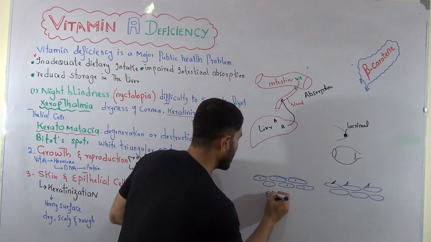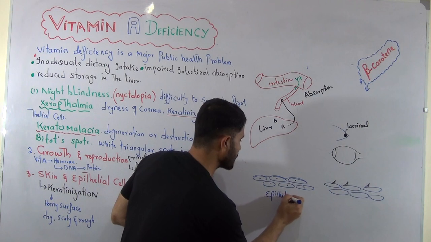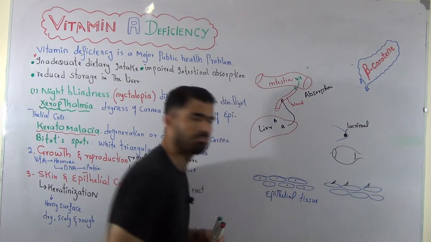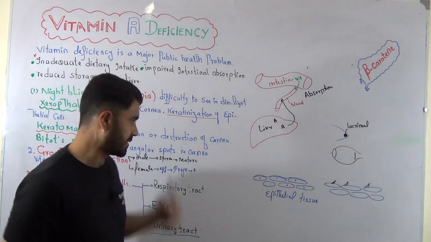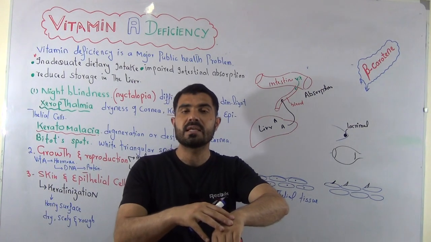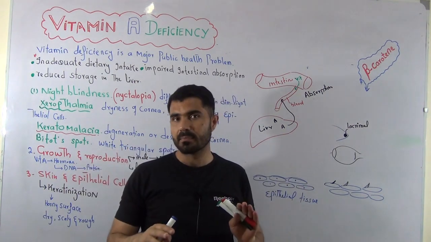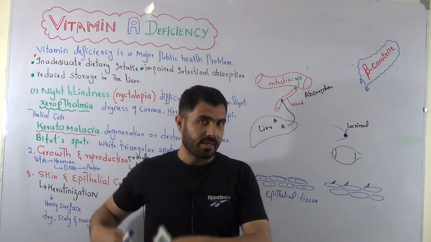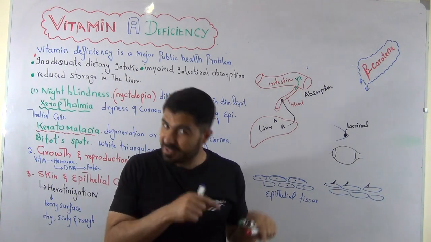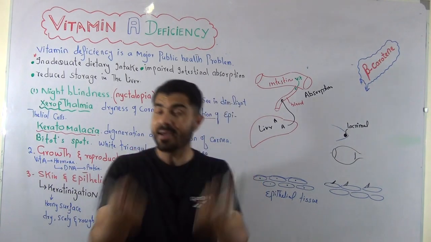Our body contains epithelial tissue, epithelial cells. These are present mostly on your body surface, on the skin and inside the body, in the kidney, respiratory tract, and even in your eyes.